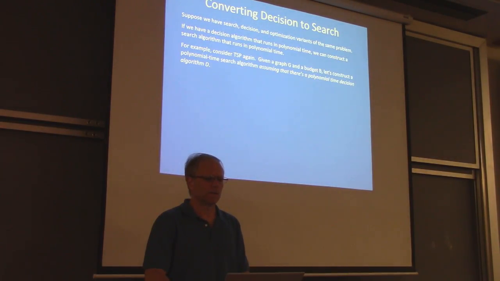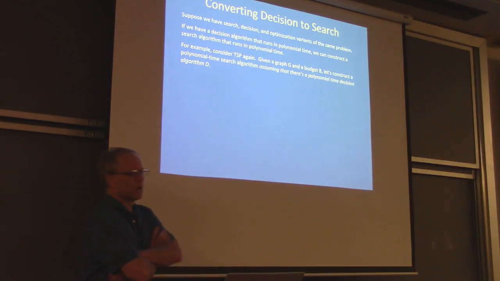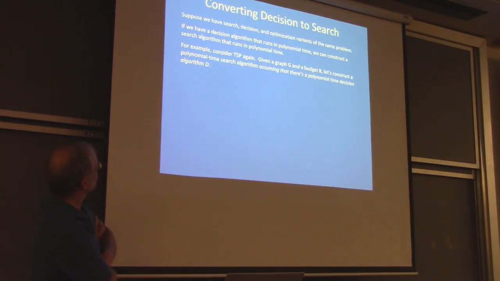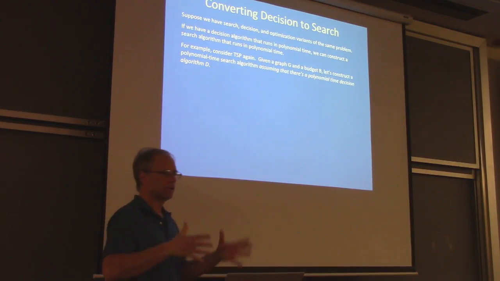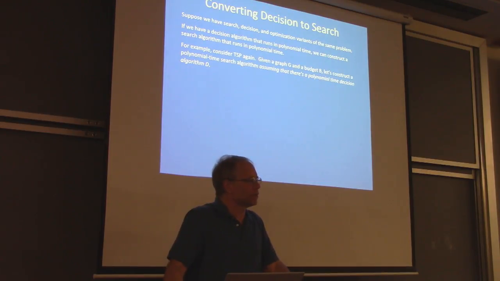Let's assume we have a decision algorithm that runs in polynomial time that tells you whether or not a Hamiltonian cycle exists. Let's use it to create an algorithm that will find a Hamiltonian cycle.